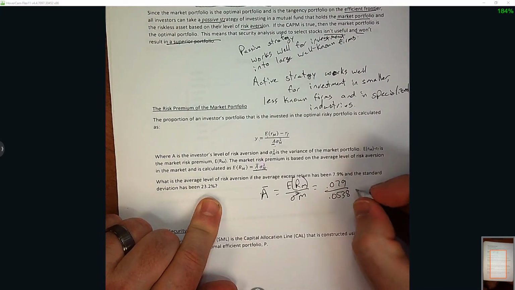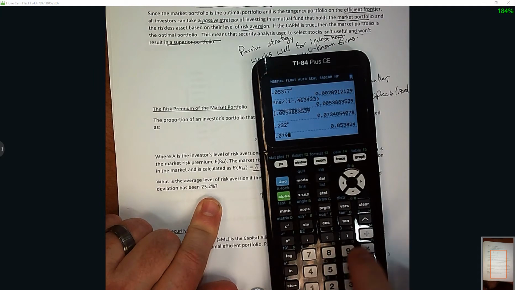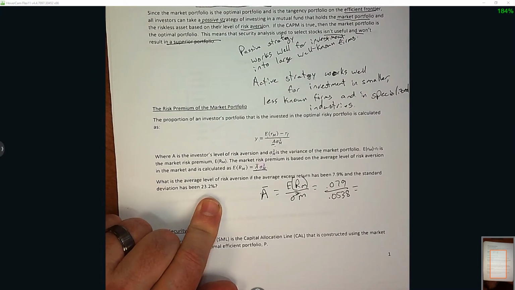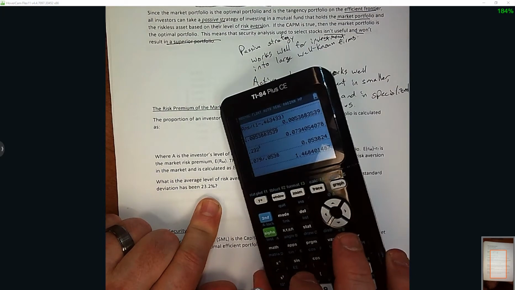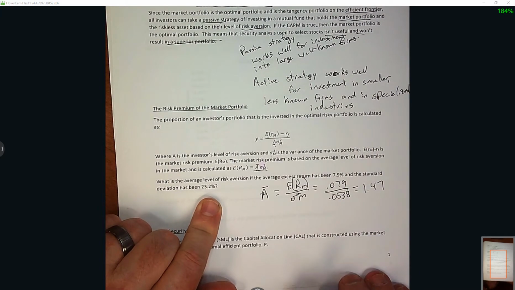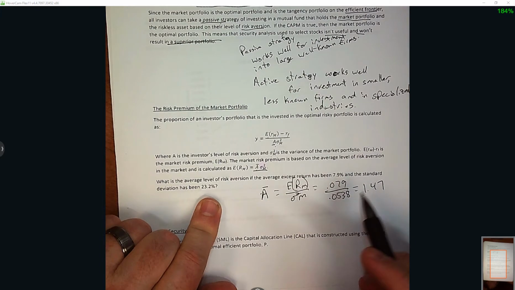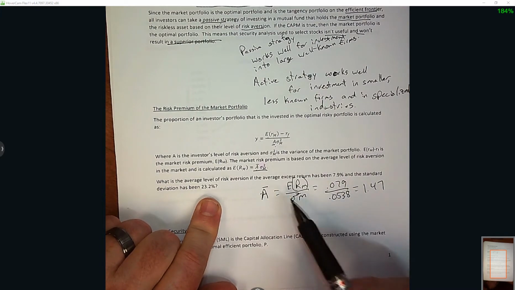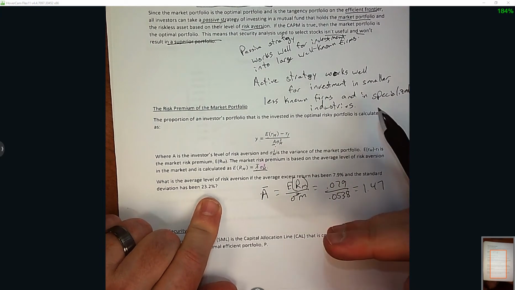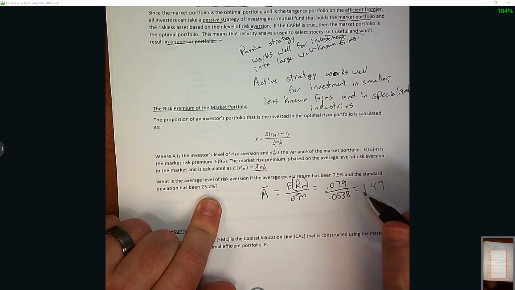And that's going to give me an average level of risk aversion in the market of 0.079 divided by 0.0538, which is 1.47. So the larger the return is relative to the risk in the market, the larger the level of risk aversion is, which means that people require a higher return in order to be compensated for that risk.